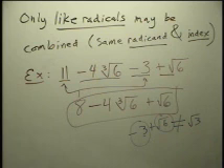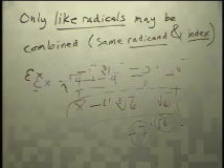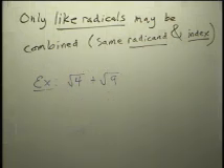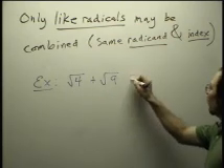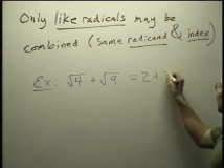You cannot combine the radicands. In fact, you can't even do that if they are both like radicals. You have to only combine the coefficients. To illustrate that, let's look at the square root of 4 plus the square root of 9. We know that the square root of 4 is 2, the square root of 9 is 3.